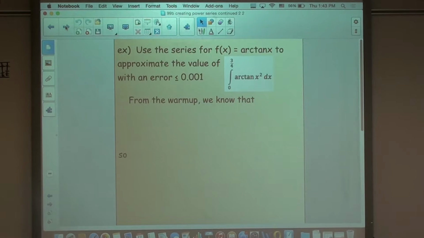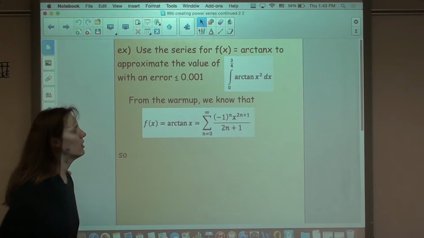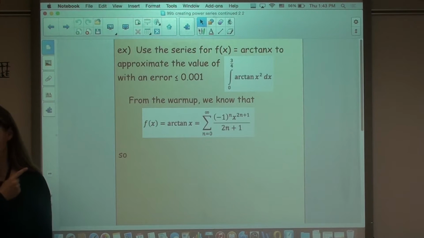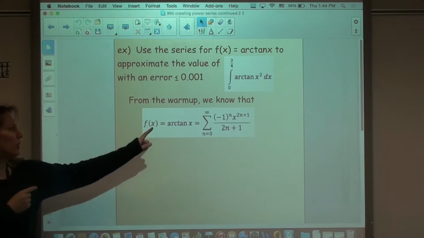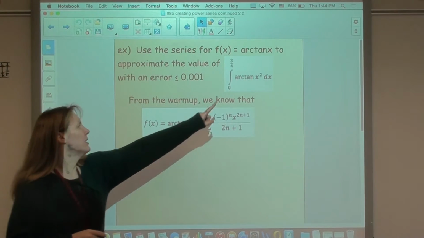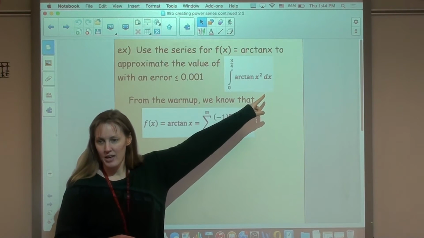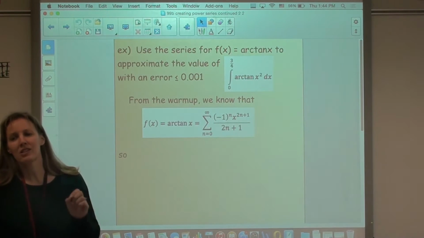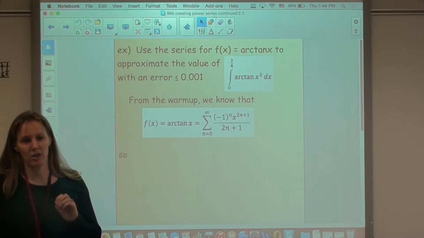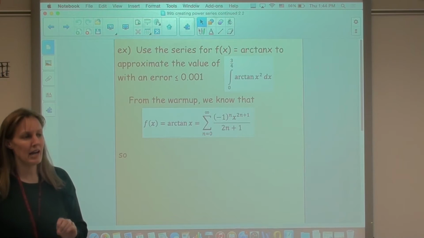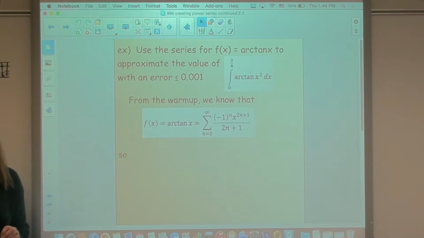All right. So from the warm-up, we know arctan x is this. We just figured it out. We want the integral of the arctan of x squared. To actually integrate arctan x squared is not fun, right? It is integrable, but it's not an easy integral.